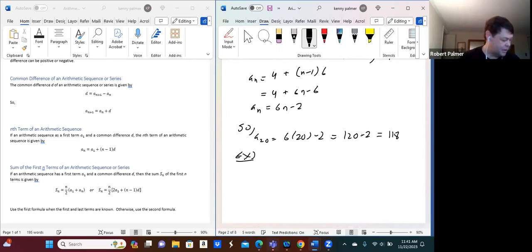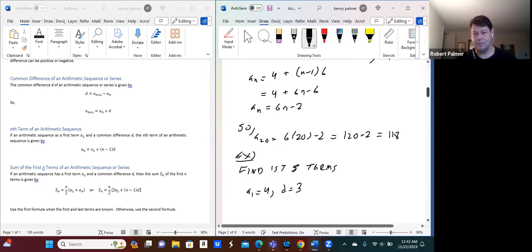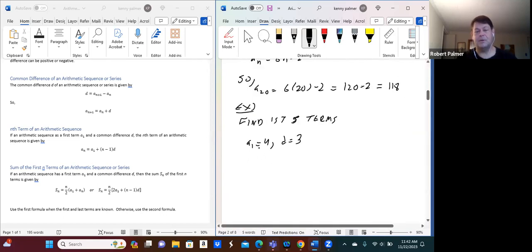So first, let's find the first 5 terms if we know that a_1 is equal to 4 and the common difference is 3. Let's start there.